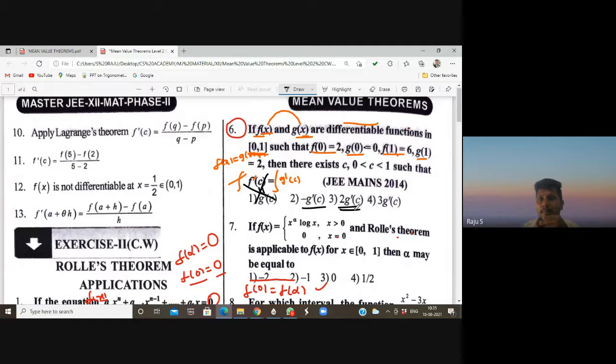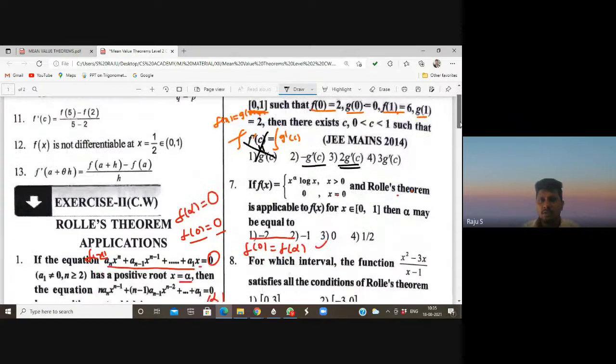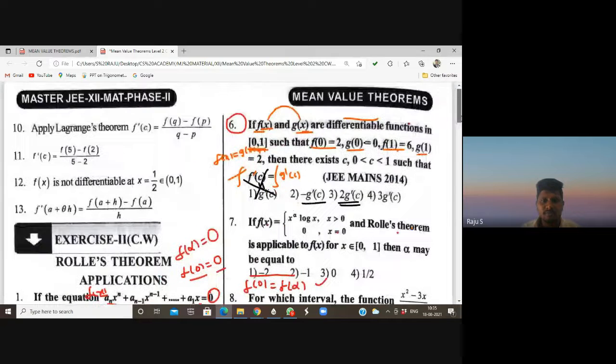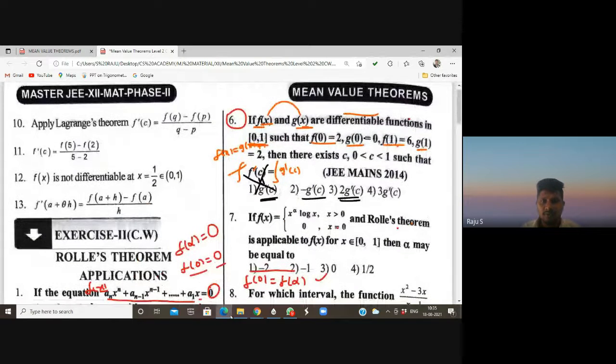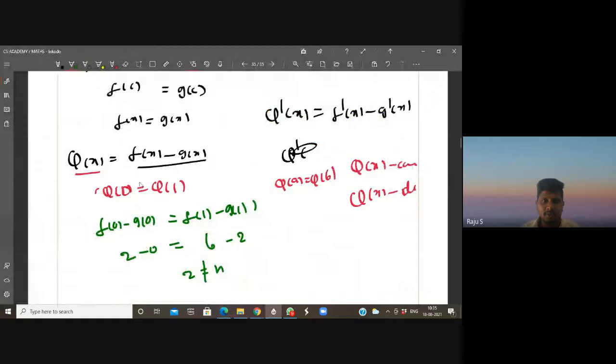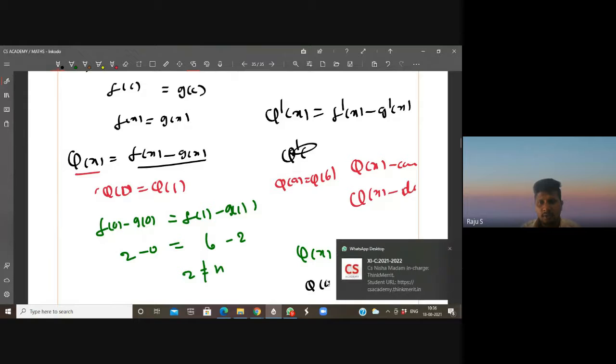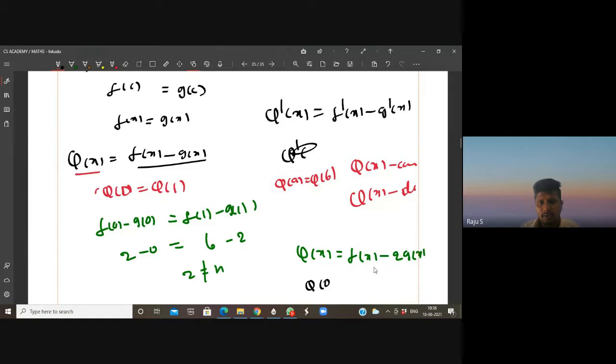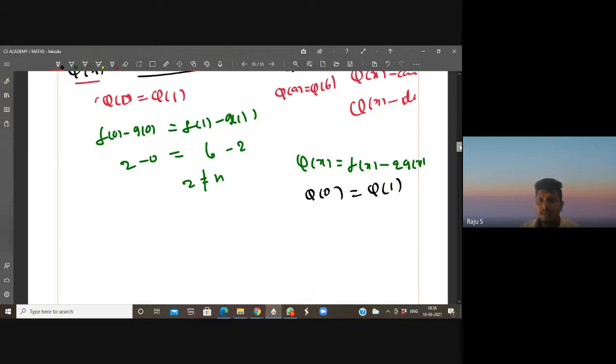But if I take f of x equal to 2 g dash of x, instead of the first option, the third option, let's see. Then phi of x is f of x minus 2 times g of x. Is phi of 0 equal to phi of 1?